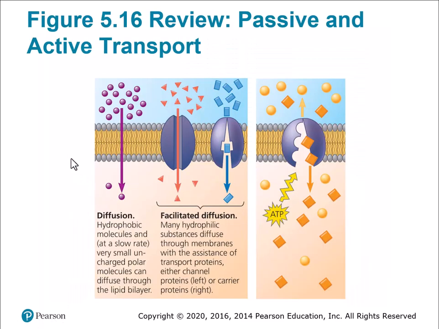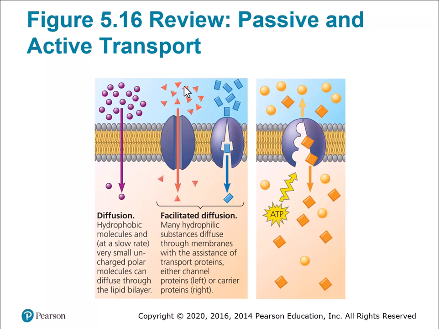Okay, so let's review back over passive and active transport. Remember that passive transport moves with its concentration gradient, does not require energy. You can have simple diffusion where it can diffuse directly across the cell membrane, or you can have facilitated diffusion that uses either a channel protein or a carrier protein.